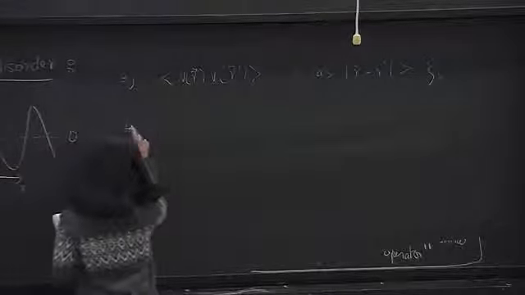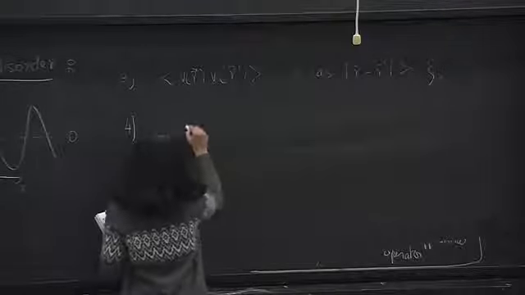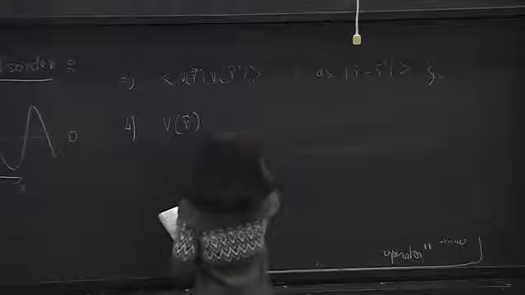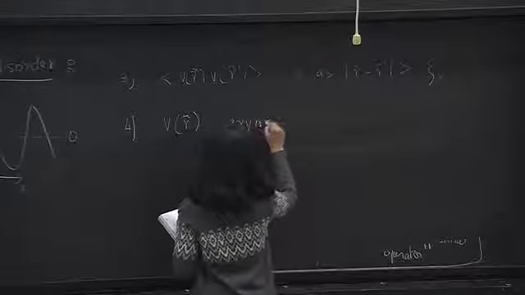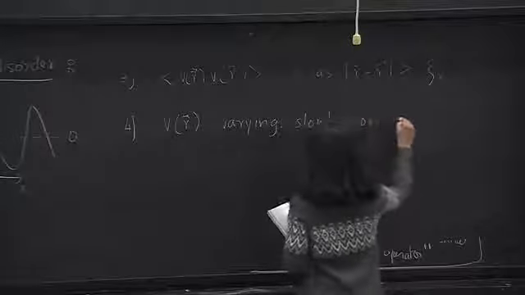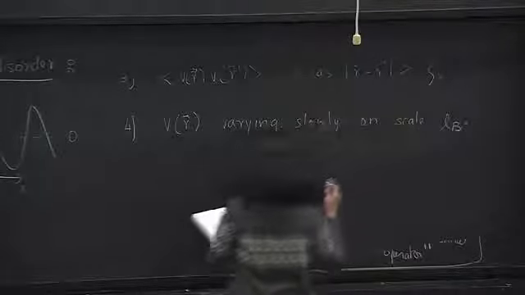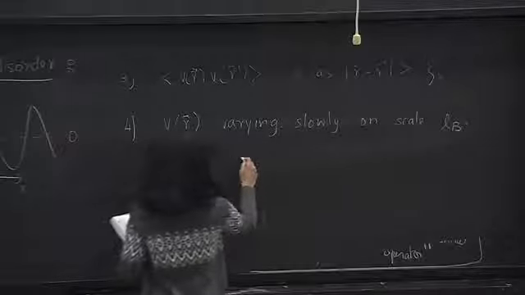And finally and importantly, assume that V of R is varying slowly on the scale of the magnetic length.